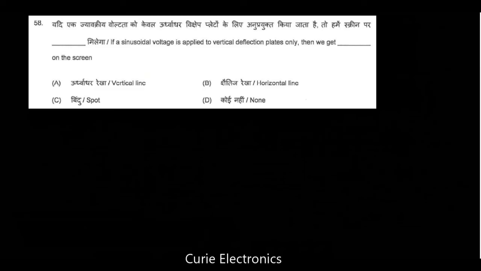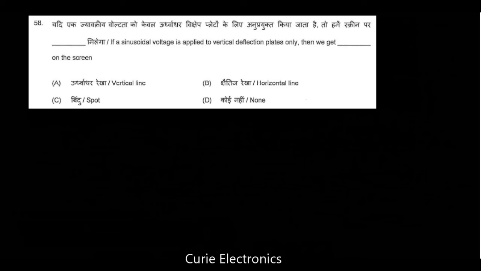Question number 58. If a sinusoidal voltage is applied to the vertical deflection plates only, then we get dash on the screen. See, now what happens if you apply sinusoidal signal to a vertical deflection plate? We can compare this question with the CRO. Assume that our horizontal section is not working. There is no sawtooth wave on the horizontal section.